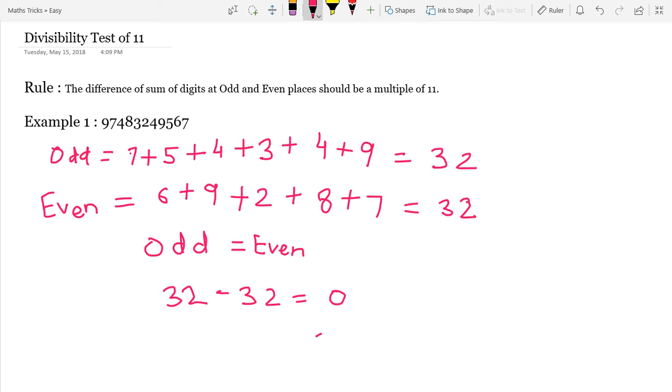We get 0. Now 0 is a multiple of 11 because 11 multiplied by 0 gives 0. Therefore, this whole number will be divisible by 11. You can verify that on your own. Now let's take another example.